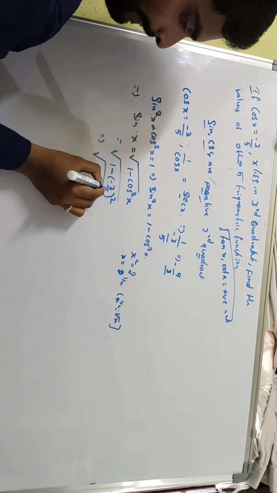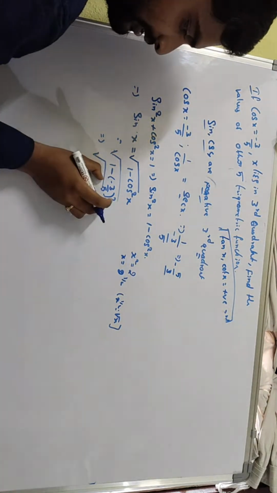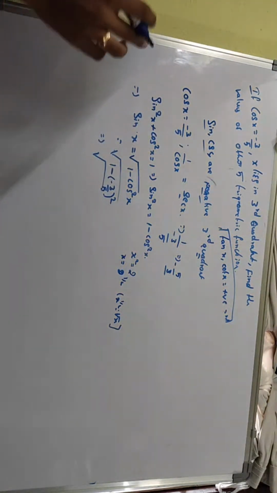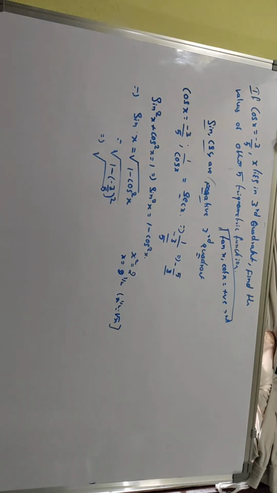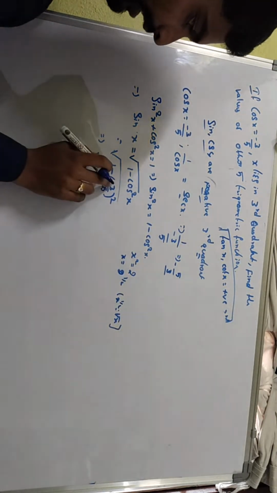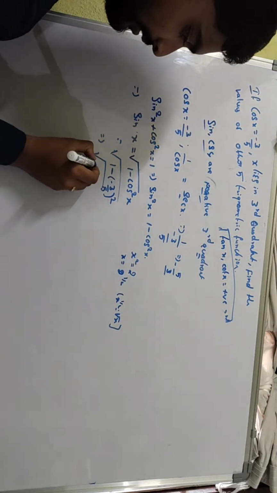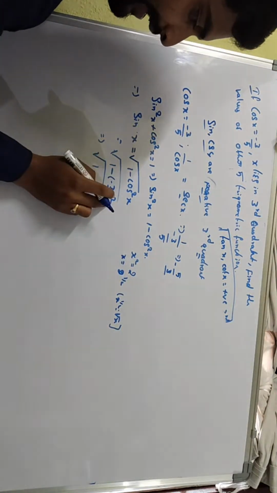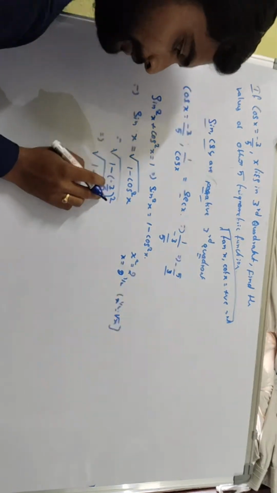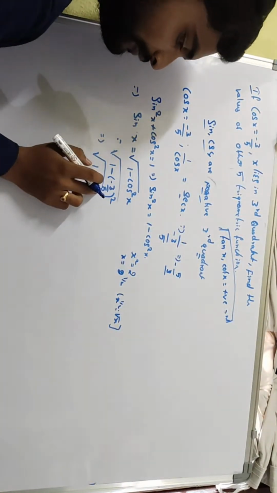Let us observe this clearly. The square applies to both numerator and denominator.